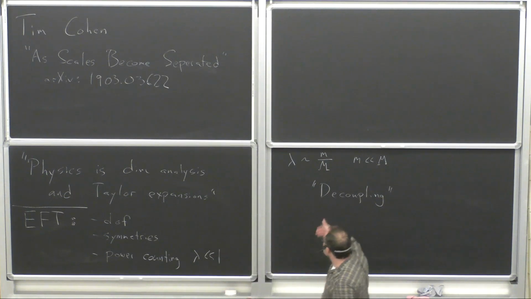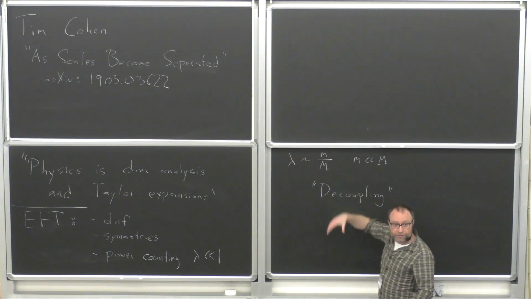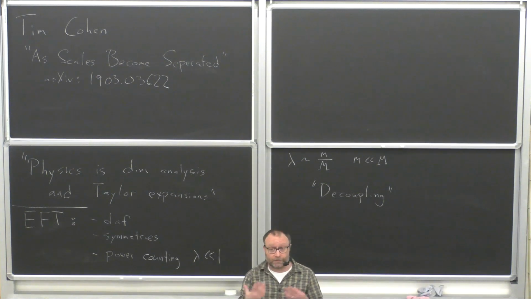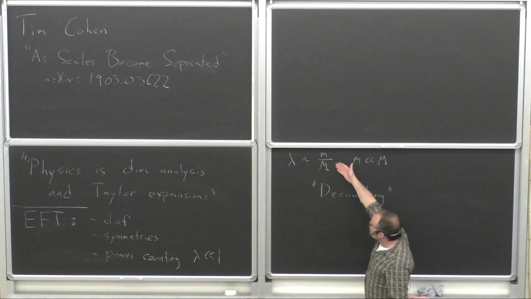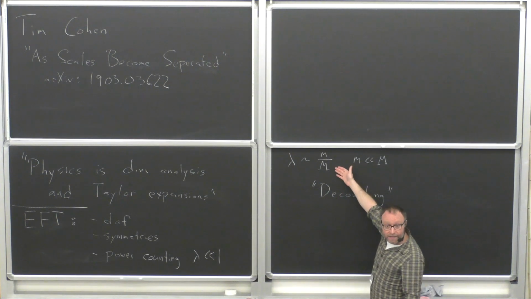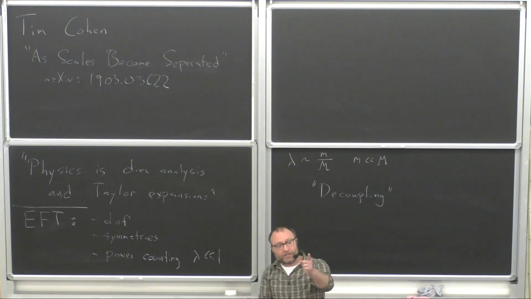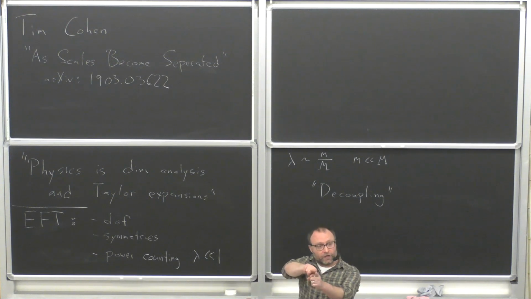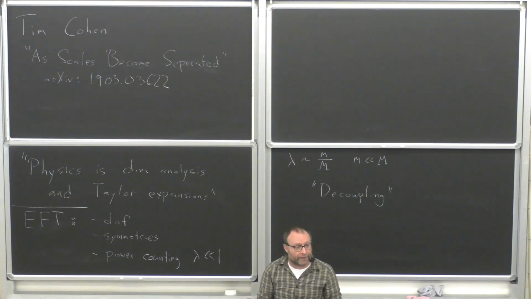But it could be for more complicated EFTs, say the soft collinear effective theory, which describes decays of bound states of the strong force, heavy mesons, or even the production of jets at the LHC. In that case, the small parameter has to do with the kinematics of the process. You're imagining you have some light-like direction, some very hard particle, and you're expanding in small fluctuations, either small energy fluctuations or small angle fluctuations around that direction.